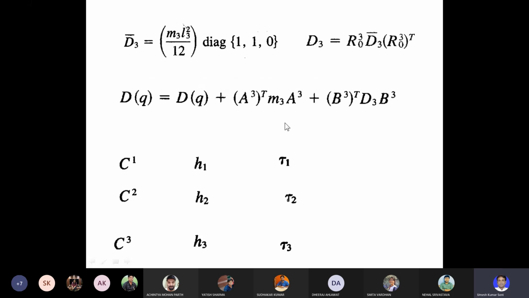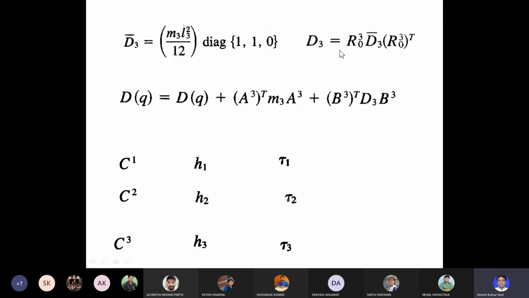Second, in third stage, you calculate the inertia tensor for link third, and similarly you obtain the inertia tensor of the link third with respect to the base frame. Okay, R30 D3 bar R30T.